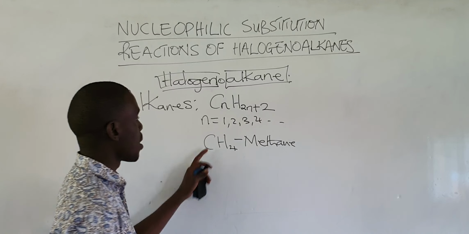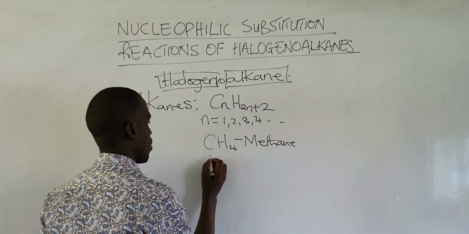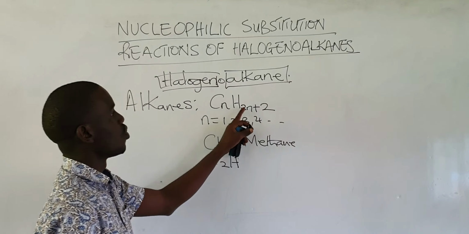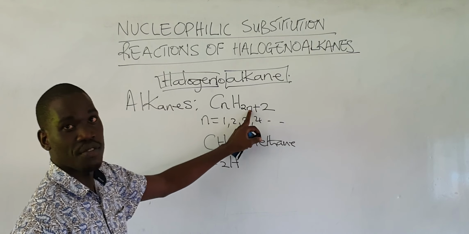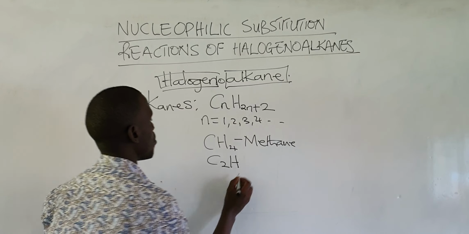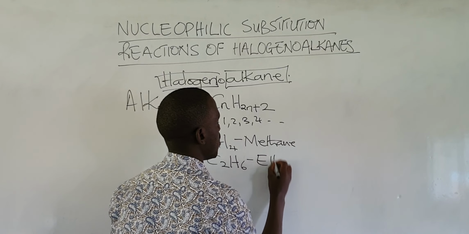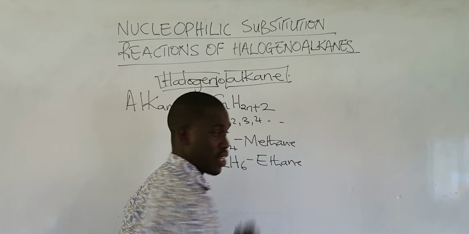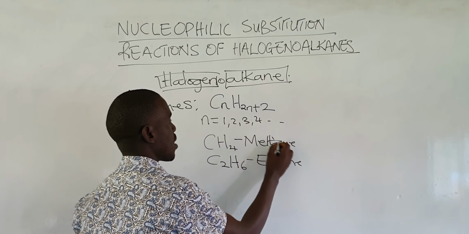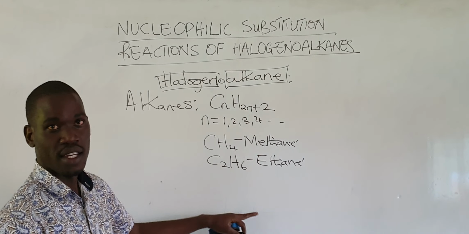If you substitute n with 2, you have C2H, 2 times 2, that is 4, plus 2, that is 6. So you have C2H6. The name of your alkane is ethane. You realize we have the suffix -ane in both alkanes.